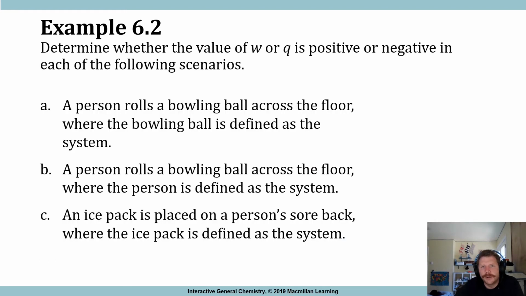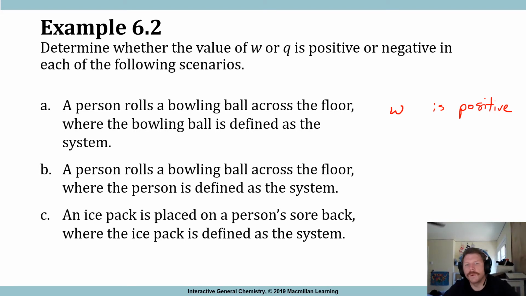Now, determine whether the value of W or Q is positive or negative in each of the following scenarios. A: a person rolls a bowling ball across the floor, where the bowling ball is defined as the system. In that case, W is positive, because work is being done on that system.